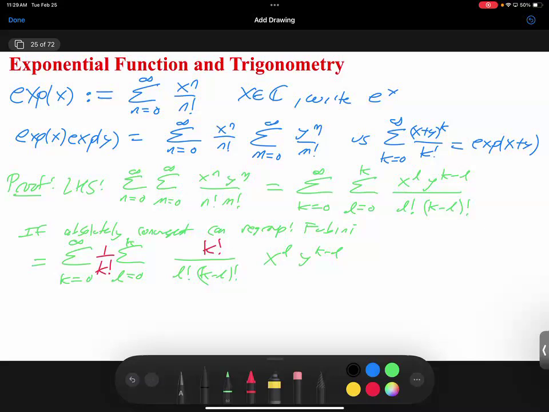And the reason I want to do it this way is now this bracketed quantity is very nice. What is that bracketed quantity? X plus y. Yeah, just x plus y to the power of k by the binomial theorem. So now we would get that this is just the sum, k goes from 0 to infinity, x plus y to the k over k factorial, and that is exponential of x plus y.